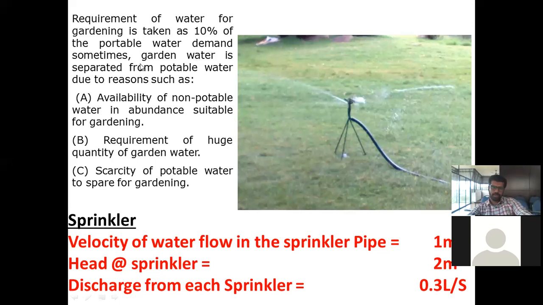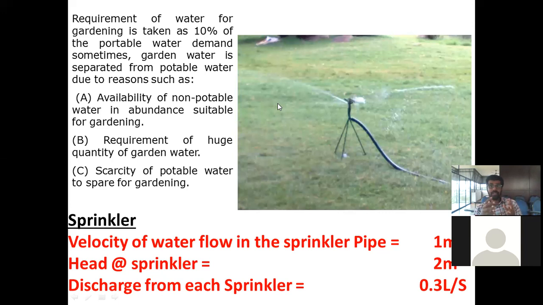So the garden water is separated from potable water for certain reasons. Why do we separate this water? What is the reason for separating the garden water from the potable water?